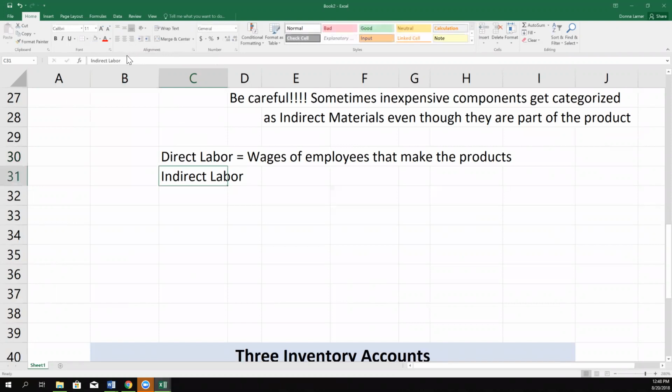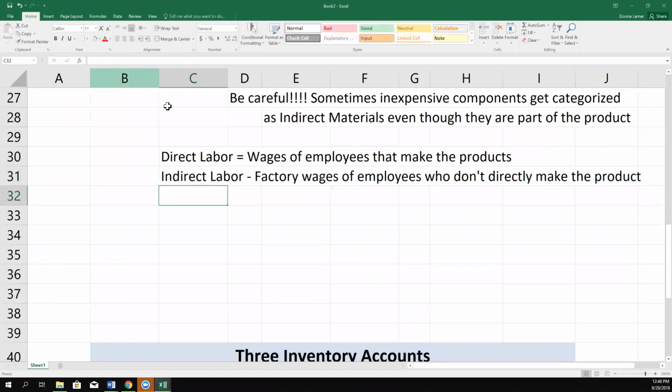For indirect labor, they are factory, this is going to be an important word, factory wages, but they don't directly make the product.